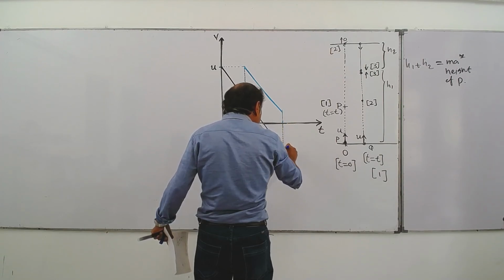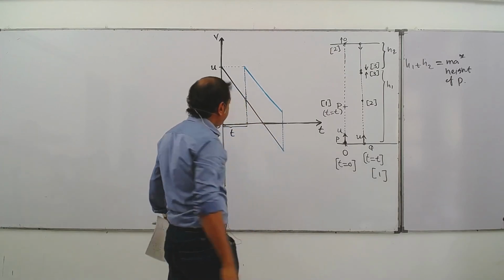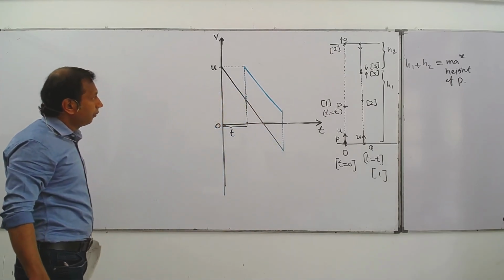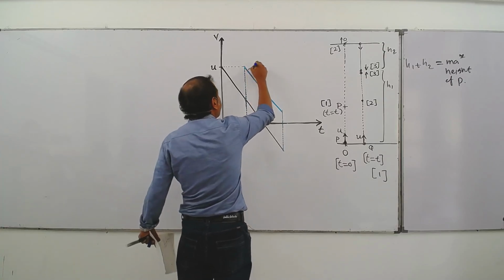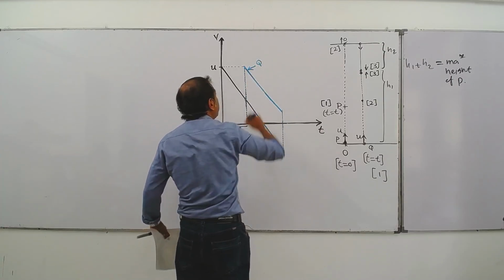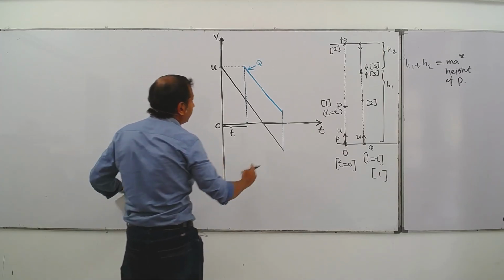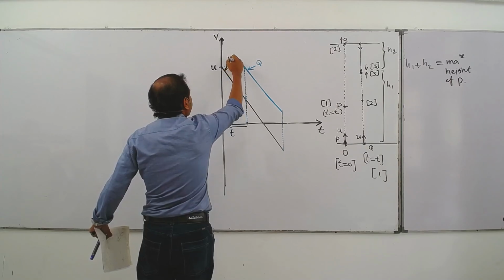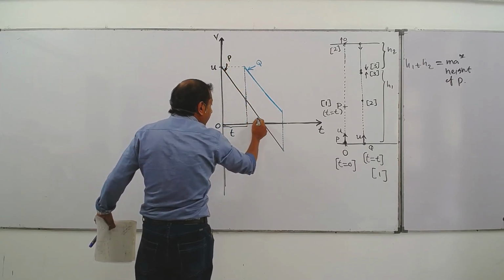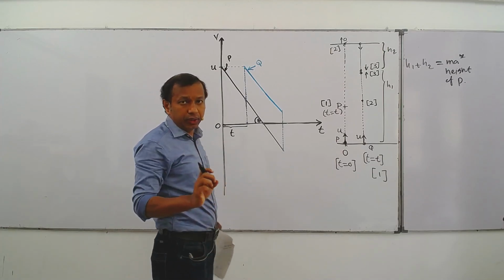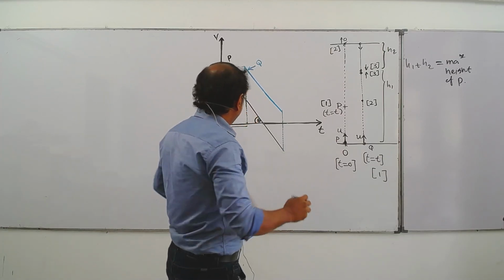The moment they meet, like this. Then this is the VT graph of Q, and this is the VT graph of P. Let us take this angle as tan theta. You know tan theta should be the retardation.